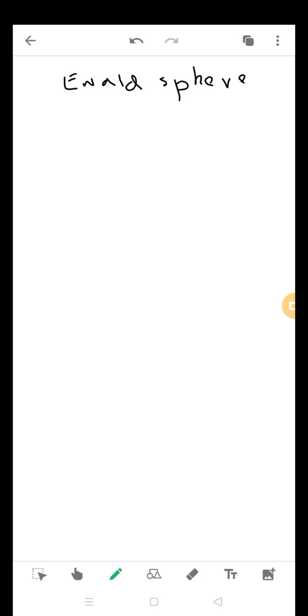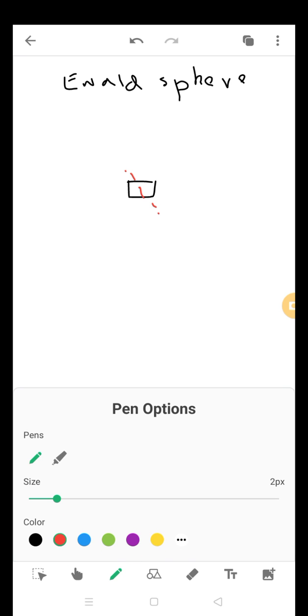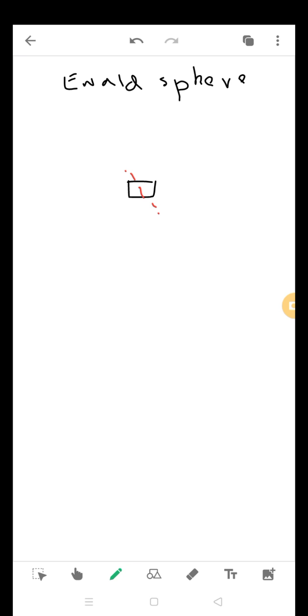So this is your sample, and this is say one of the HKL planes of the sample, and you are allowing an electron beam to fall onto this.